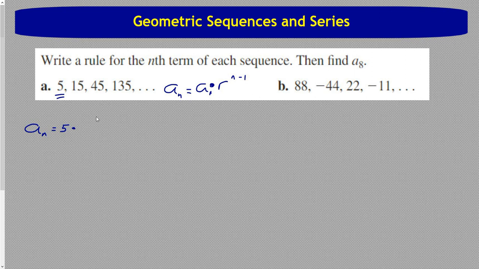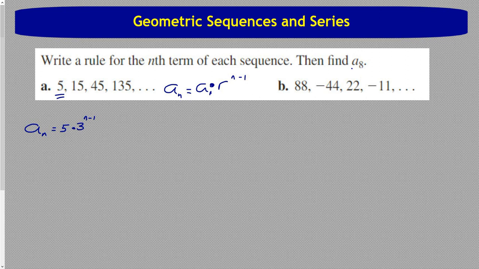What are we multiplying by? What is our ratio? Always think about it as what are we multiplying by. So if the numbers are shrinking, you could think about it as dividing, right? But what we're doing is multiplying. So we're multiplying 5 by 3 to get 15. Multiply that by 3 to get 45. Multiply that by 3 to get 135. So r, or our ratio, is 3, to the n minus 1.